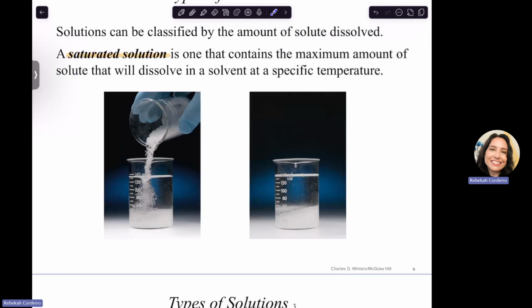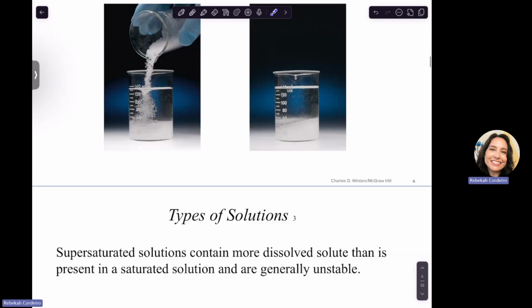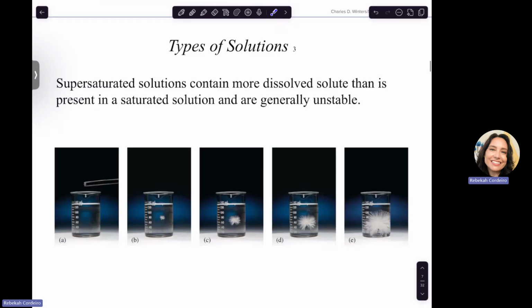Now, there is a way to take this and heat it up, increasing the solubility and getting all the solid to actually go into solution. If we heat it up and then we cool it slowly, we can get what's called a supersaturated solution, where we're actually fitting in more than we should be able to at that temperature.